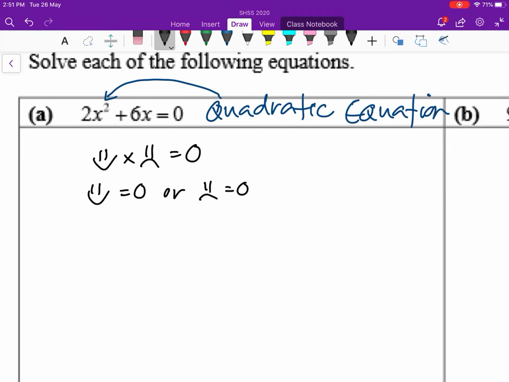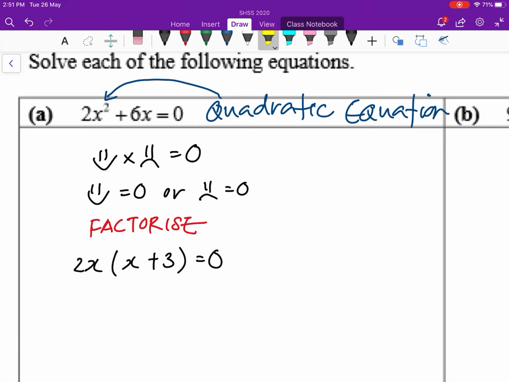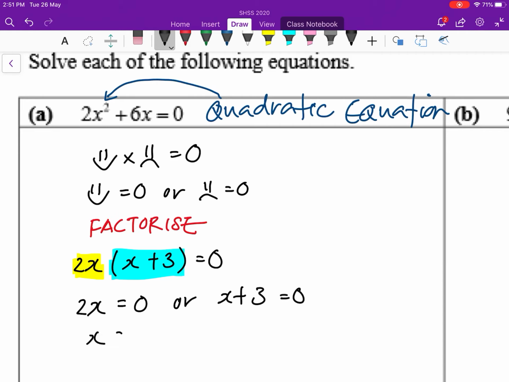In this case, I don't have something times something, but I can make it into something times something. What I need to do is the magic word. It's called factorize. So all we need is just factorize. Take out 2x. I'm left with x plus 3 equals to 0. Then this one, same already. Yellow times blue equals to 0. So either the yellow is equal to 0 or the blue is equal to 0. Divide by 2, minus 3, done.